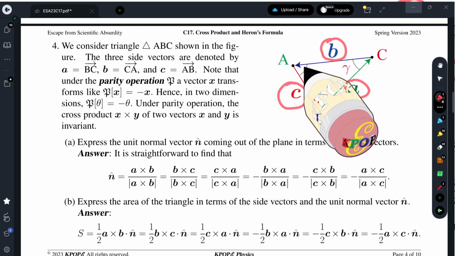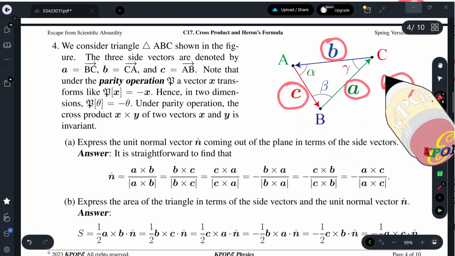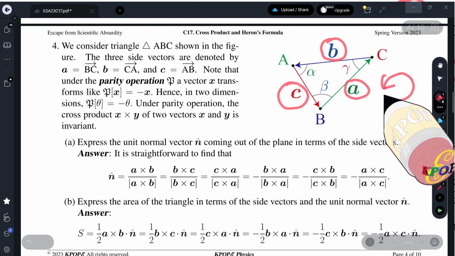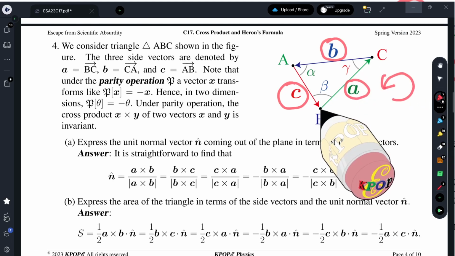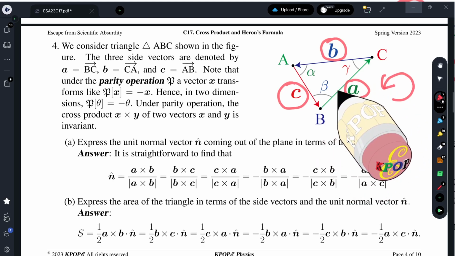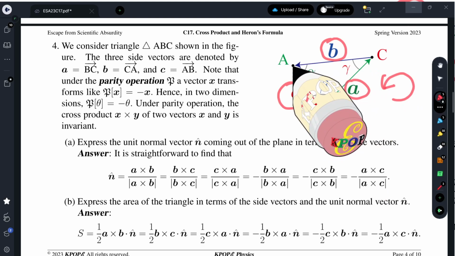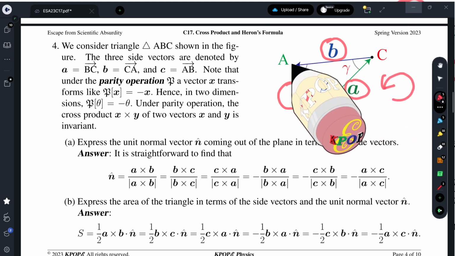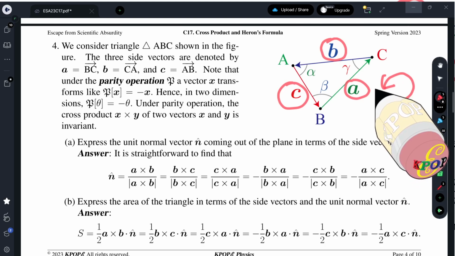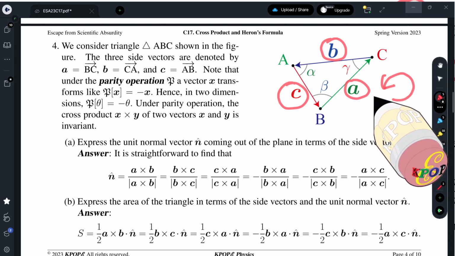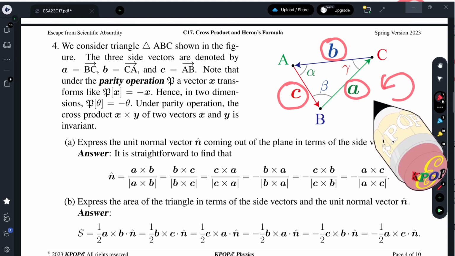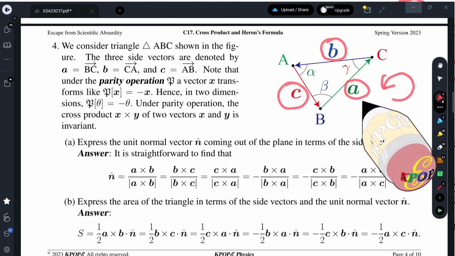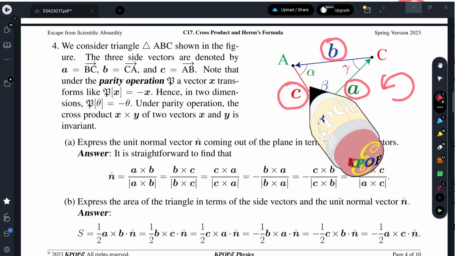For simplicity, we have chosen the direction of the 3 vectors so that their heads and tails are connected in series to return to the original point after a single turn. Then the area of the triangle is just 1/2 of the area of the parallelogram spanned by any 2 sides.